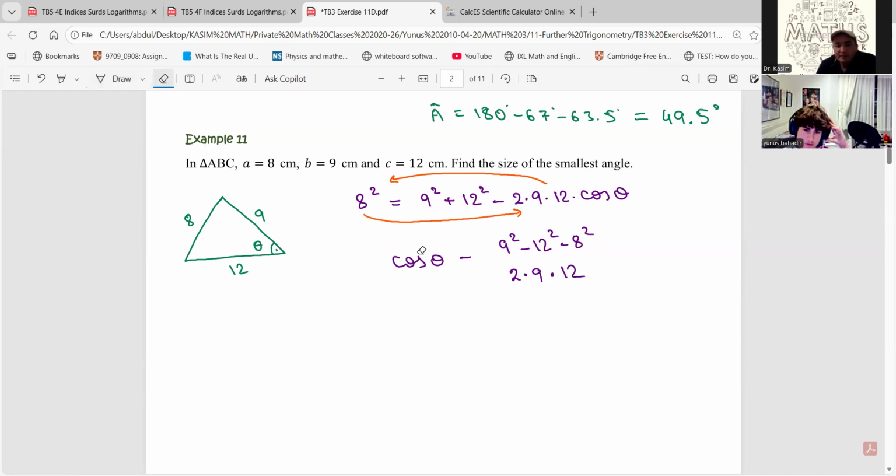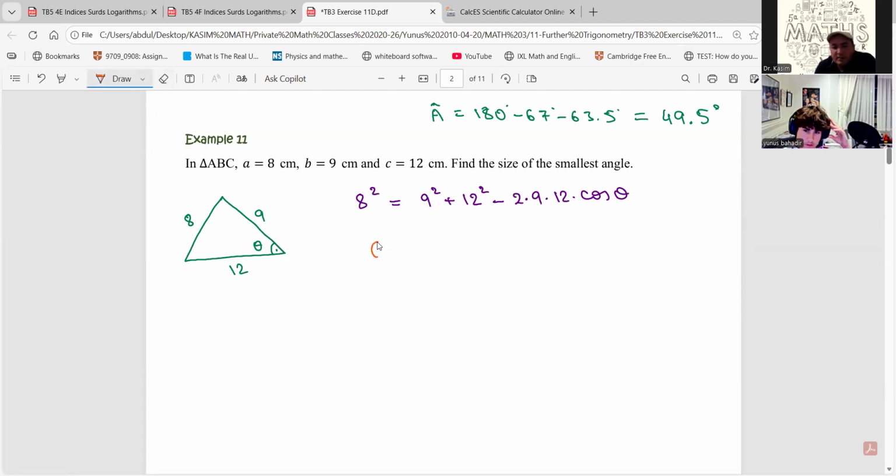Look, first, let's simplify this. This one is 64, right? And what is 81 plus 144? 225. Minus 2 times 9, 18, and 18 times 12, that is 216. There's 216 times cosine of theta, right?